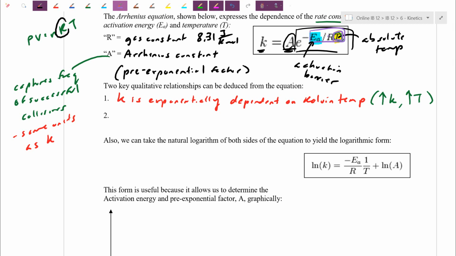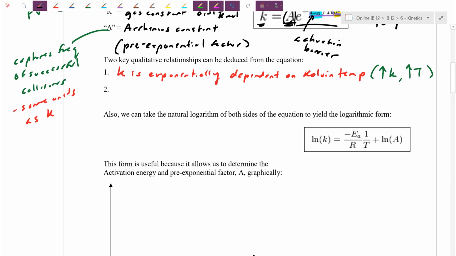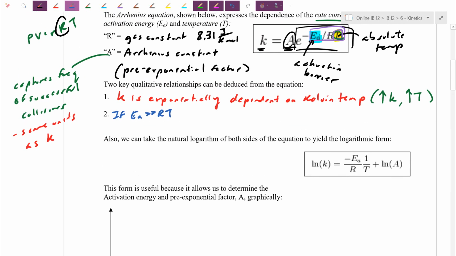There is one other relationship, just qualitatively here. We'll do it more quantitatively afterwards. If the EA is a lot larger than RT. So let's picture where these are. EA is this top function here. If EA is a lot bigger than RT, so really, really low temperatures, the area under that kinetic energy distribution, which can also be referred to as a Boltzmann distribution, I'll redraw that for a second.